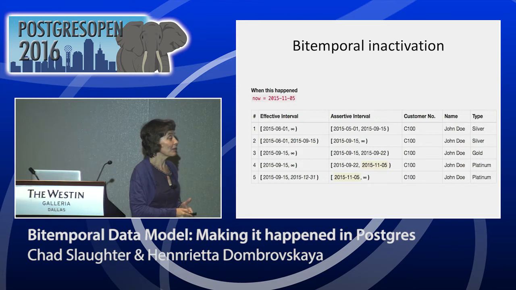So today is November 5th, and that's when we realized that this customer will be terminated on December 31st. So now we are closing this assertion interval and saying, okay, we thought he would be effective from September 15th to infinity, but now we assert that after December 31st, he just won't be here.